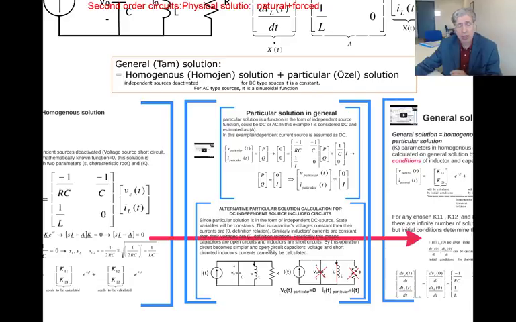This specific case is this. If the independent source is a DC source, then you can find a particular solution easily. We explained that. I'm not going to repeat it here. We already did it. You could watch that video.